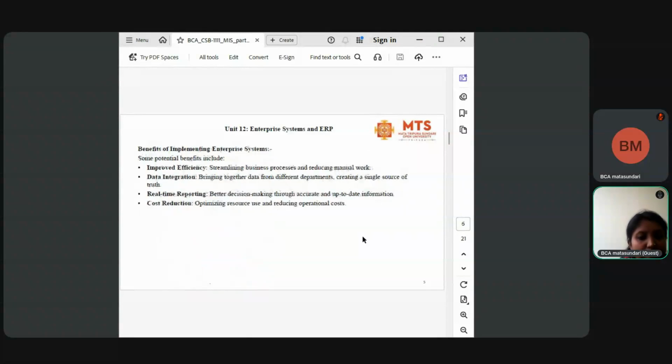Okay, so now what are the benefits of implementing an enterprise system? There are some potential benefits. These are improved efficiency, streamlined business processes and reduced manual work, and data integration, that is bringing together data from different departments and creating a single source of truth, and real-time reporting for better decision making through accurate and up-to-date information, and cost reduction, that is optimizing resource use and reducing operational cost.